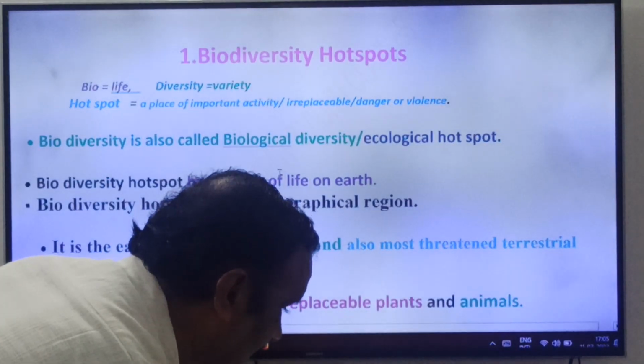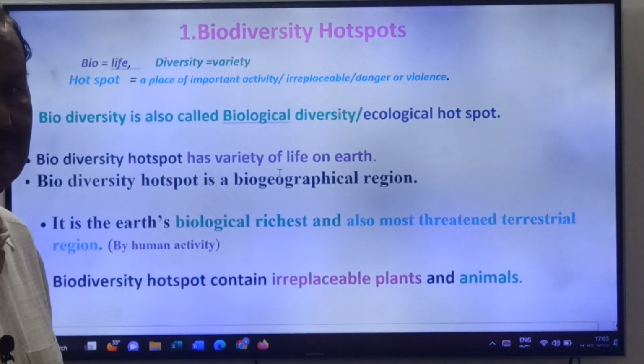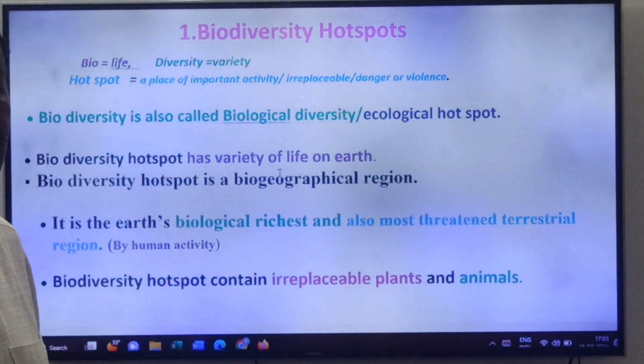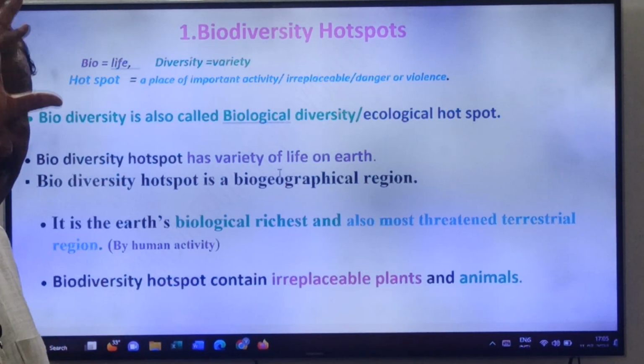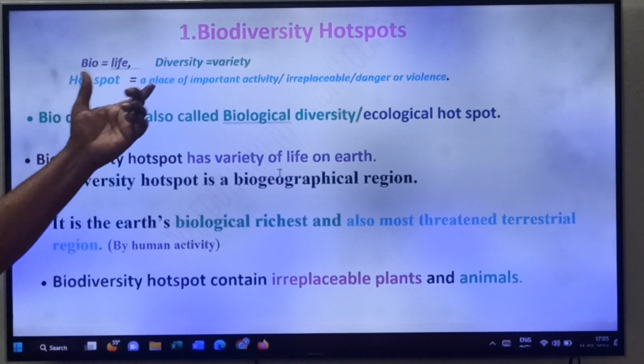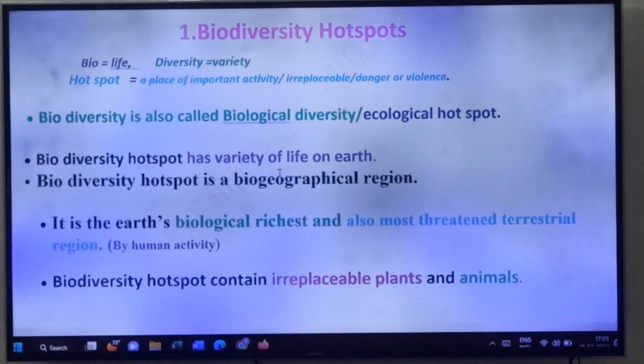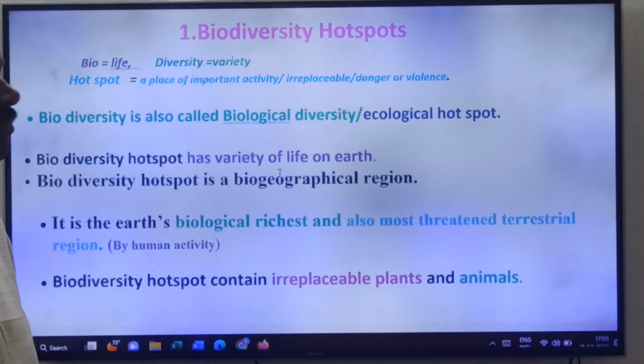First we'll take biodiversity hotspots. We have one more 4 marks question regarding biodiversity hotspots, so recall that question. Bio means life, diversity means variety. Hotspot means a place of important activity, or it is irreplaceable, or danger or violence.